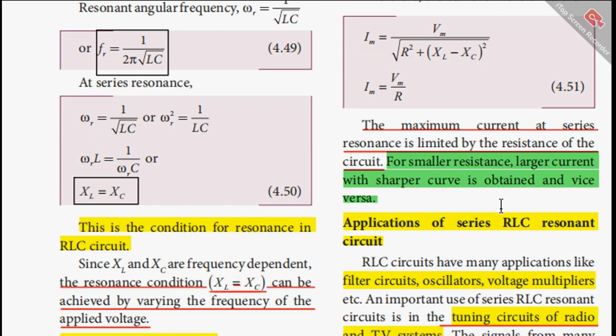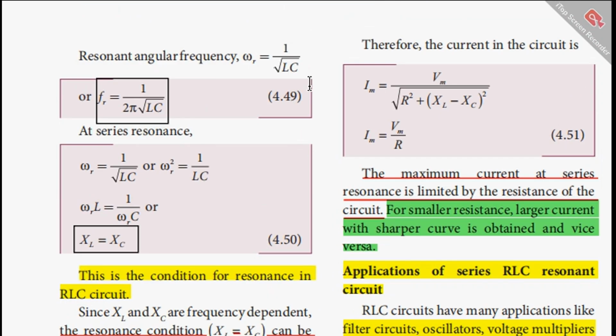Now, the resonant angular frequency omega r is given by 1 by root LC. Therefore, the resonant frequency Fr is equal to 1 by 2 pi root LC. At series resonance, omega r equals 1 by root LC, and squaring on both sides we have 1 by LC equal to omega r square, so omega r L is equal to 1 by omega r C, or XL is equal to XC.